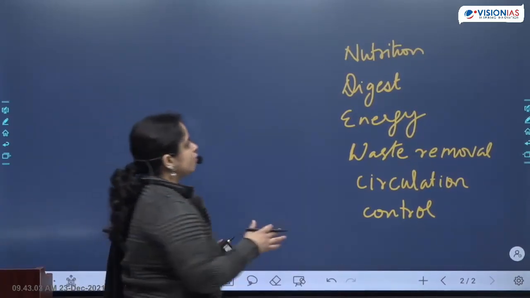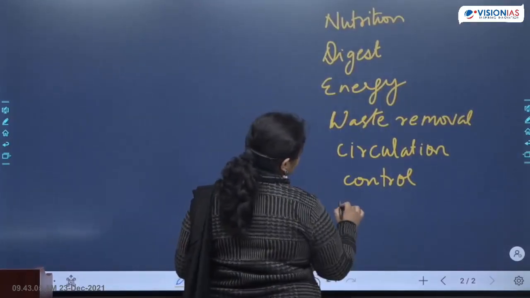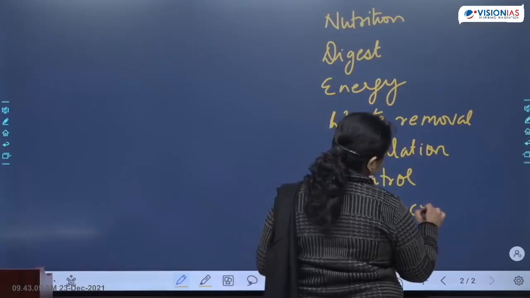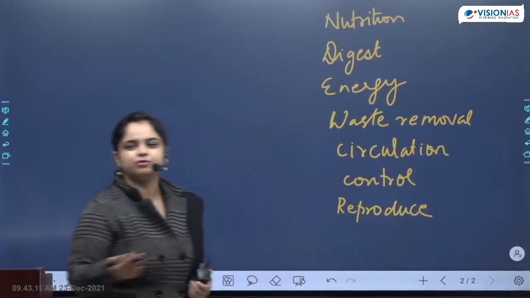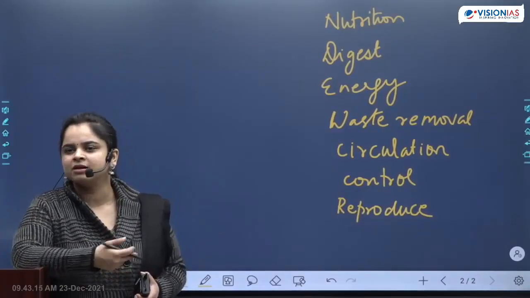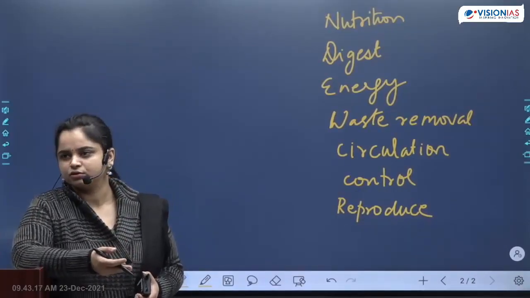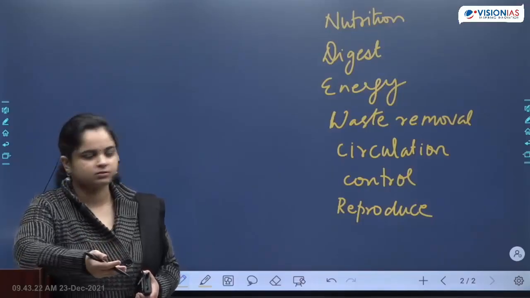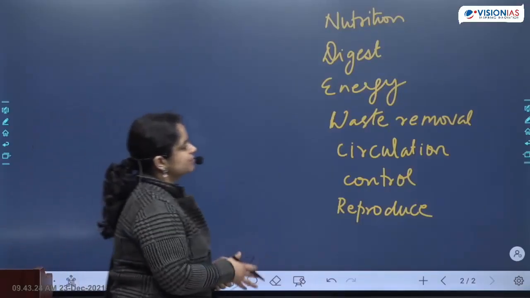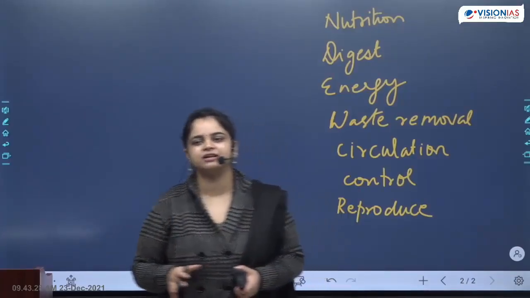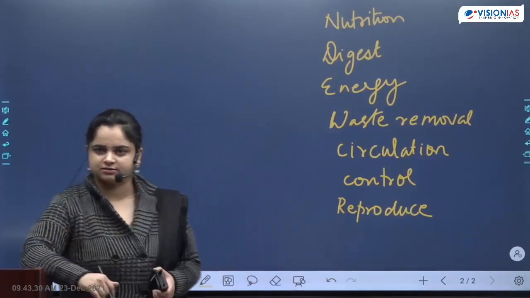And for life to continue from one generation to another, organisms would also need to reproduce. Otherwise, after one organism, life will come to an end. So it needs to reproduce, it needs to have newer forms. So all these become the functions of life, the functional activities, the life processes.